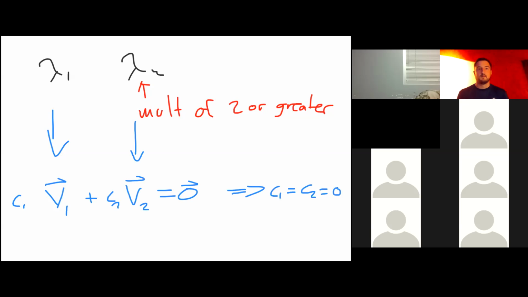Well, if lambda 1 and lambda 2 are the same, then you'd only be having a single eigenvector, and a single vector is always linearly independent. But good question. Always this fun little playing around with the conditions in our theorems. And that's what makes math fun for some of us, and for other people it creates a headache.